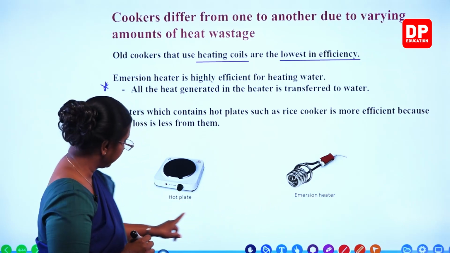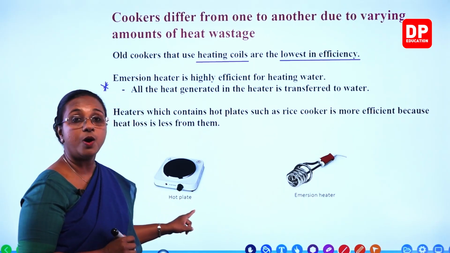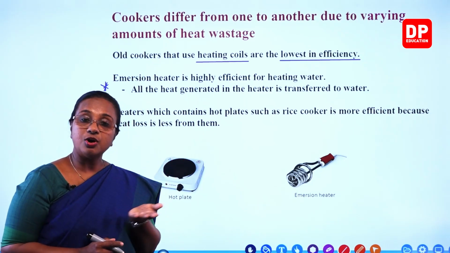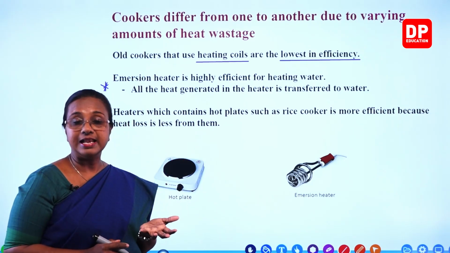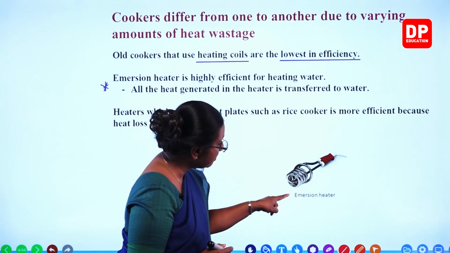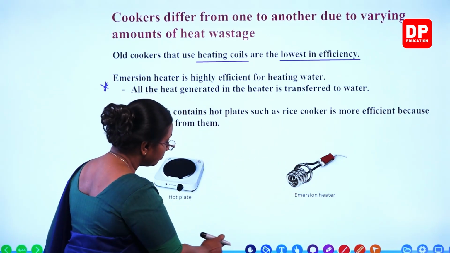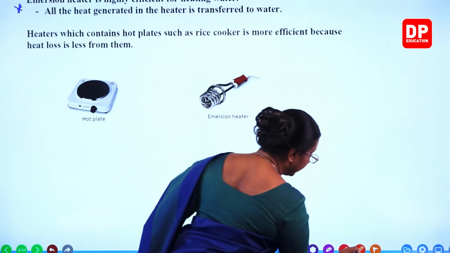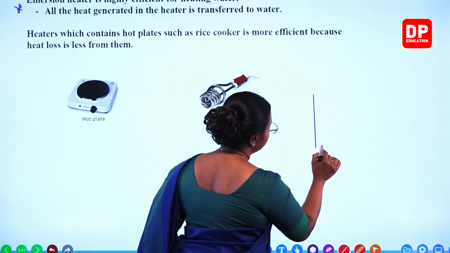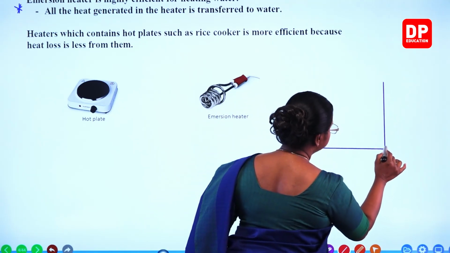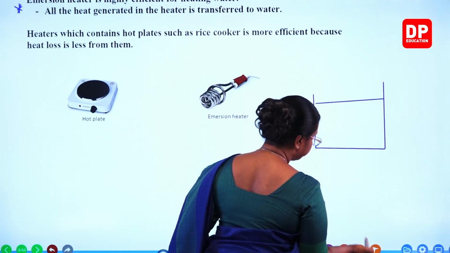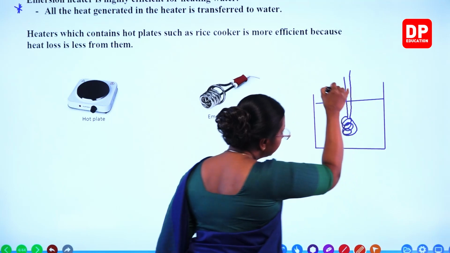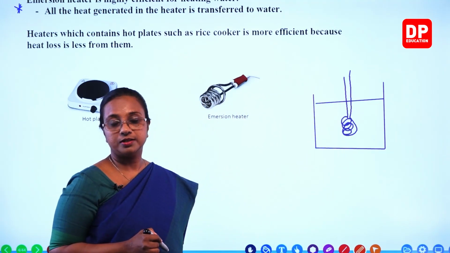Now, if you look at the pictures, here you can see this is a hot plate. This is the part that becomes hot, and under that also there is a heating element. Here, this is the immersion heater. Now, how do we use these immersion heaters? You are familiar with heat and heat transfer. If this is a vessel containing water, immersion heaters are inserted into the water.